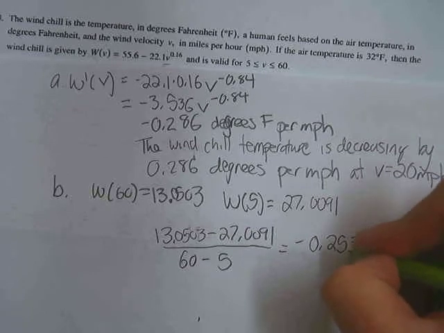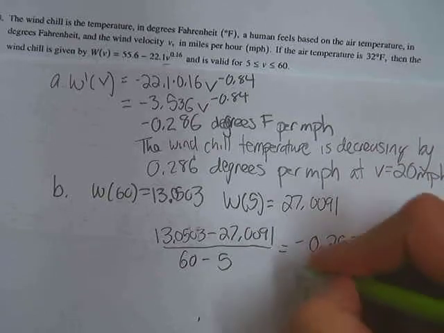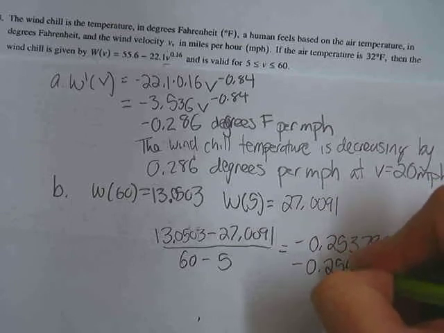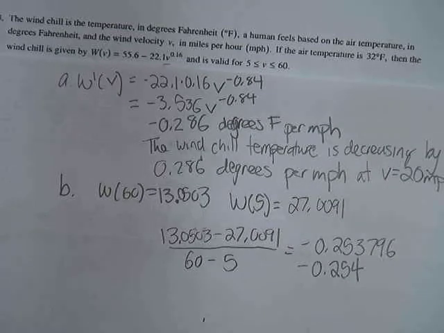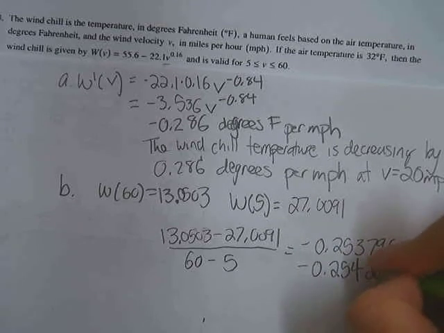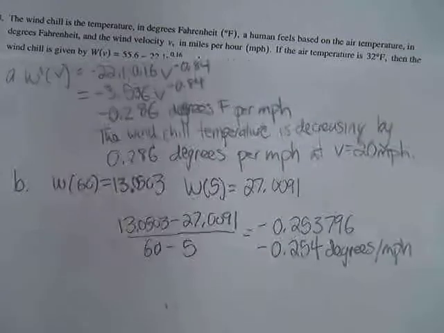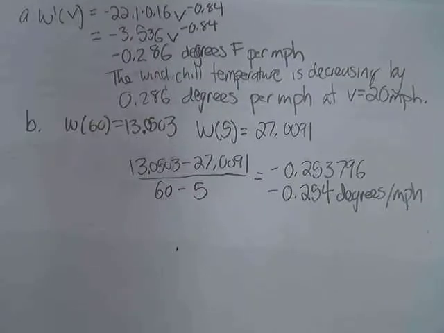If you plug this into your calculator, you get negative 0.253796, or if you round to 3 decimal places, which is the AP way, you get negative 0.254. Our units again are degrees per mile per hour.